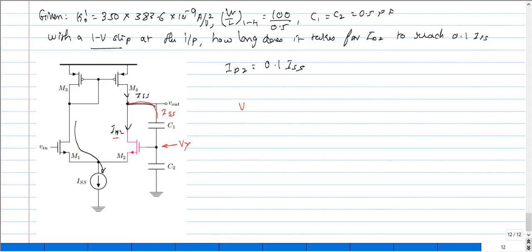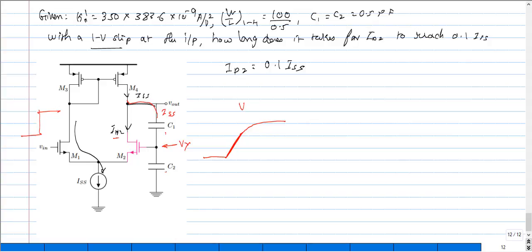Previously I would have had some voltage before the application of a step input, and after a particular period of time the output would have a response like this, and later on it follows the exponential. Here the initial slope is defined by the current that is flowing through these two capacitors.